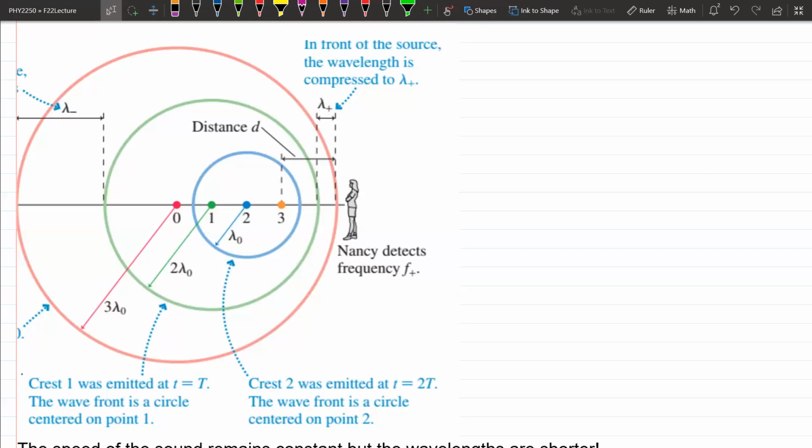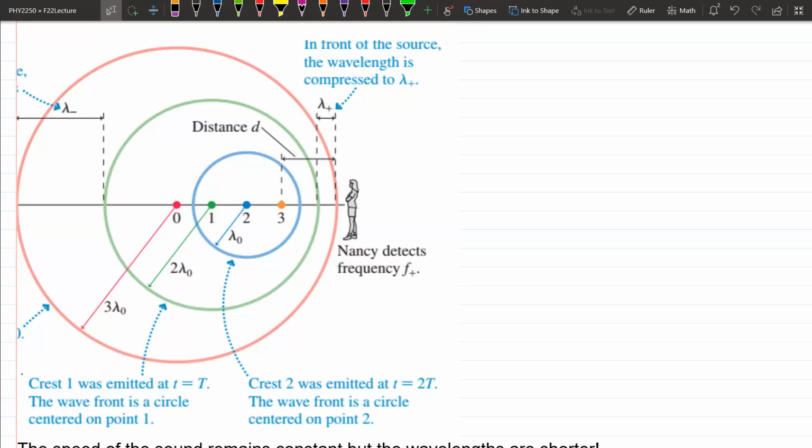The third pulse is a similar situation, where the center of that sound emanated from this blue point, and the blue circle reaches here. You notice that the distance between the blue, the green, and the red is shorter compared to the distance between the blue, the green, and the red behind the wave. This is the front of the wave. This is behind the wave.